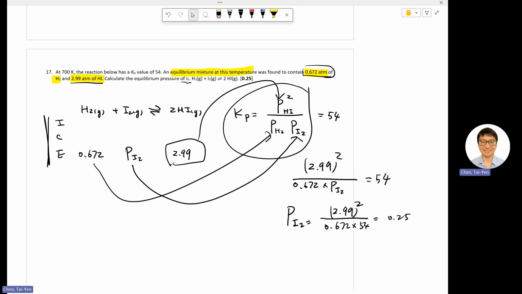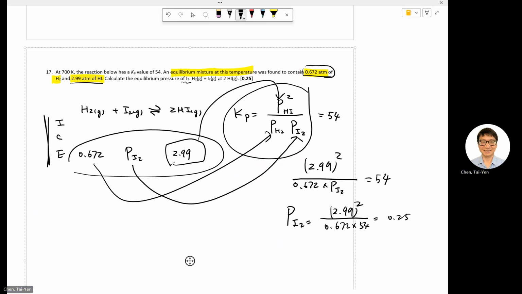And these are the values you can use directly for your equilibrium constant equation. With that in mind, you don't need any other information. You can already solve your problem, so you don't need to worry about the ice table at all.